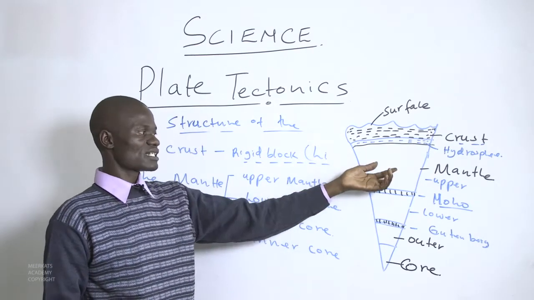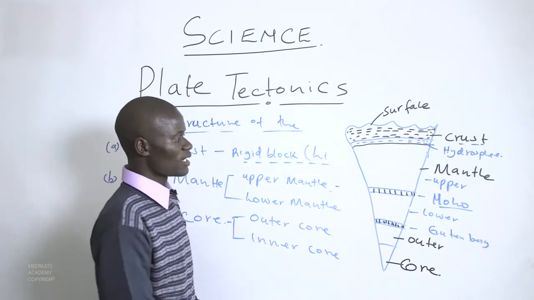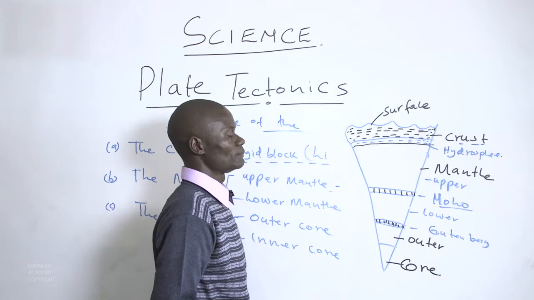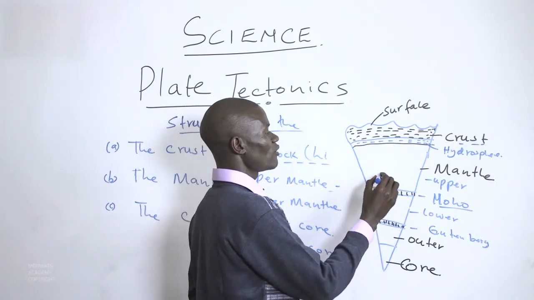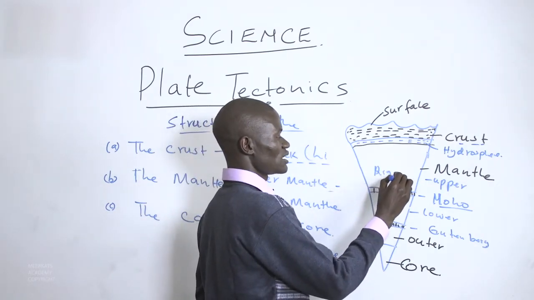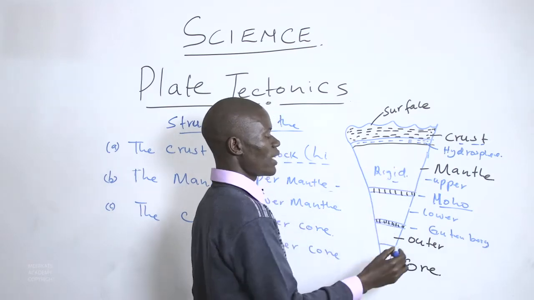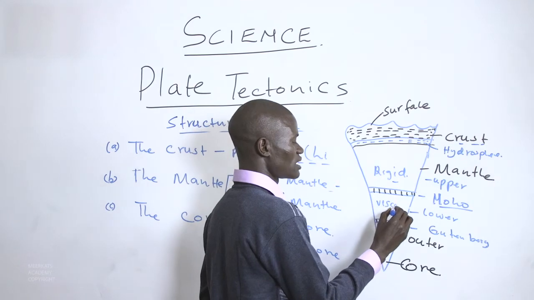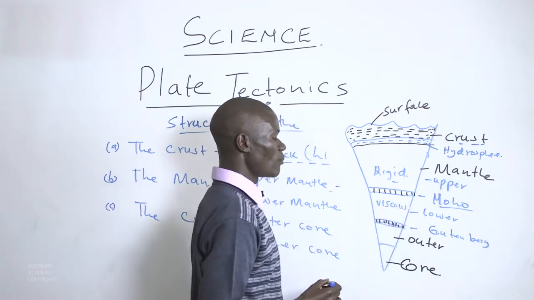In the previous lesson, we looked at how the upper mantle is made up of rigid blocks, while the lower mantle is in viscous, liquid form.